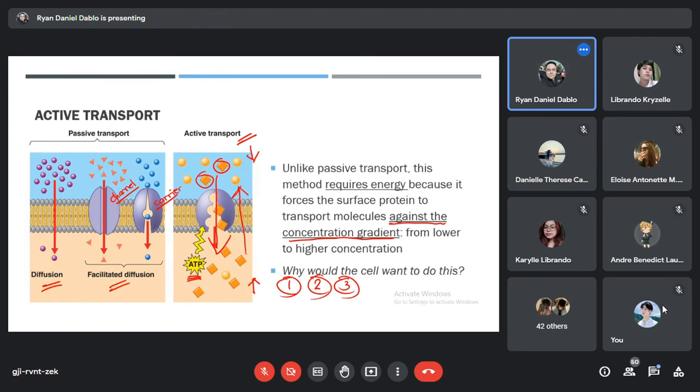This means that the molecules on both sides of the membrane will remain as is concentration wise. So if the cell needs to accomplish one or two, it will absolutely put in work in order to get those molecules in or out where needed, right? So that is the virtue of active transport. They need to get those molecules out past the concentration gradient. Therefore they need energy to accomplish this.